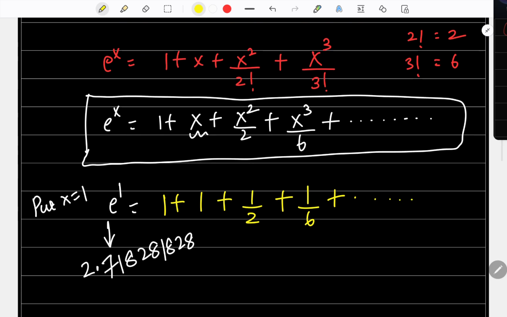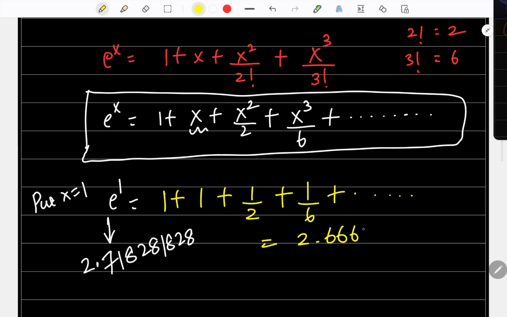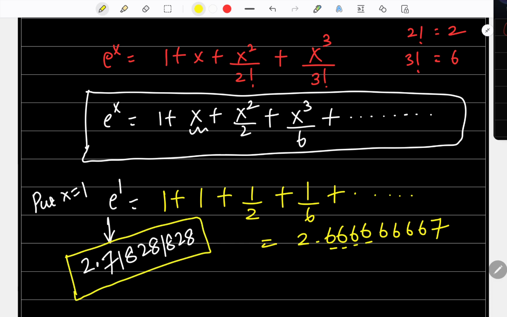So if I add this, 1 plus 1 plus 0.5 plus 1 divided by 6, in fraction mode it is 8 by 3, which is 2.6666. Look at the original value, 2.718. The computer cannot handle until infinity, so we are approximating it to this value.